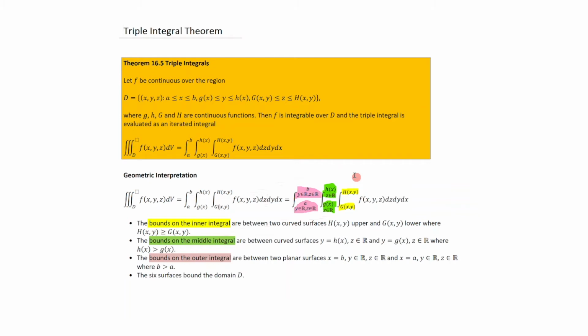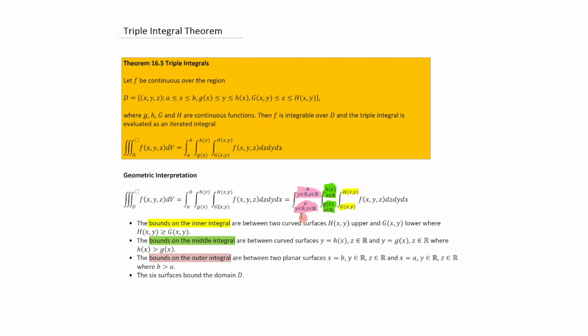So what does it mean? It means we have an upper surface and a lower surface. This would be a curved plane extending to infinity in the plus and minus z direction, same as this. So it's boxed in on 2 sides here. It's boxed in on 2 sides here. And we only need 2 more sides to close the volume.